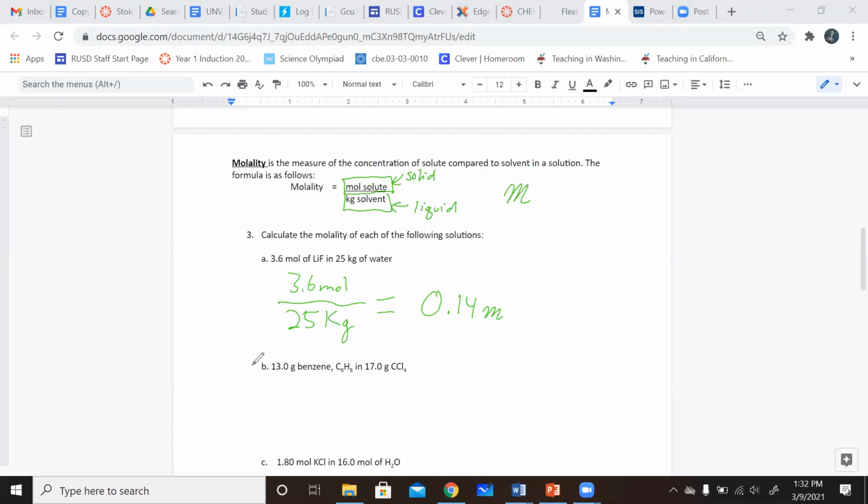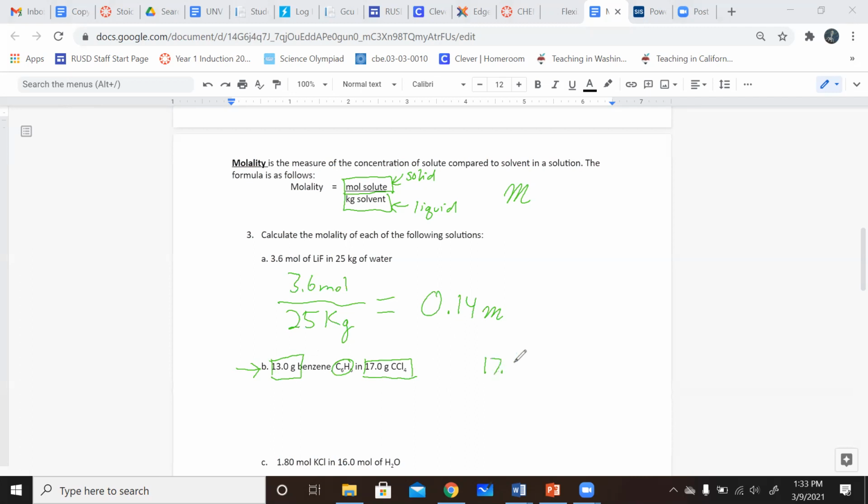Okay. Letter B, on the other hand, you're going to have to do a little bit of converting. So that 13 grams of benzene, you're going to have to convert that to moles by dividing by your molar mass of C6H6. And then your 17 grams of CCl4, you're going to have to convert that to kilograms. But once again, that's easy to do.